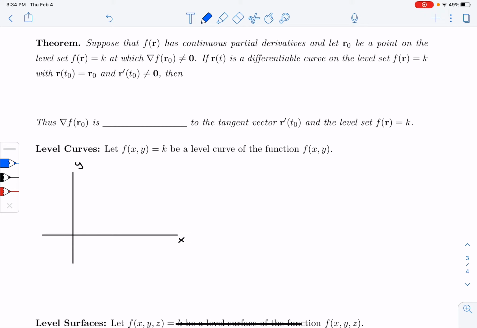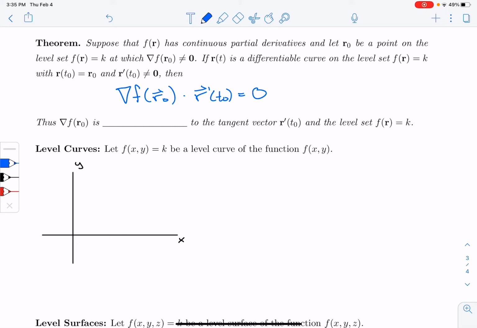We can say that the gradient of f at r0 dotted with r prime of t0 is equal to 0. If the dot product of two vectors is 0, what that means is those two vectors are perpendicular.